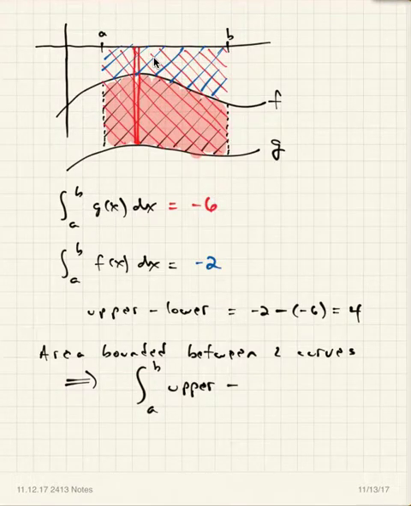Doesn't matter where the two curves are, whether they're above the x-axis or below the x-axis. It's always going to be upper curve minus lower curve. So that's a nice thing, that it doesn't matter how they're oriented as far as upper and lower.